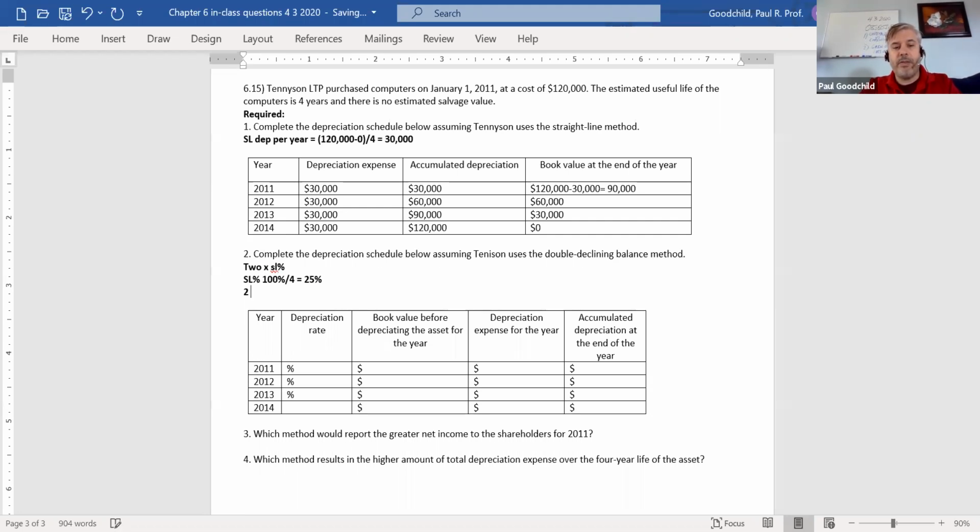So we multiply 2 times 25%, and that equals 50%. So for each year, we're going to be taking 50%. Now notice there's no percentage on the last one, and that's because we're going to take the remainder.